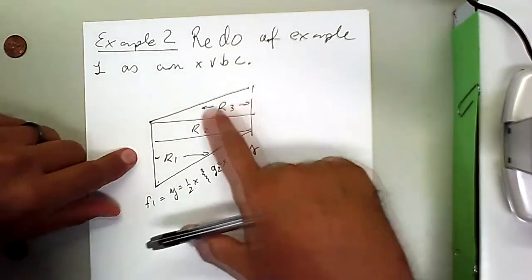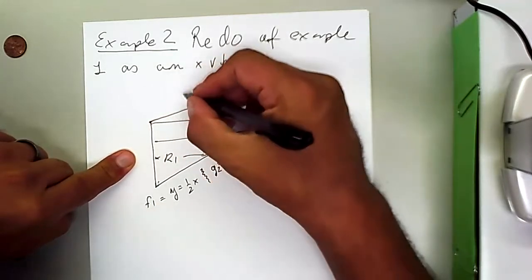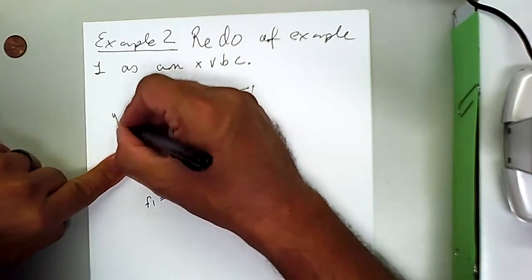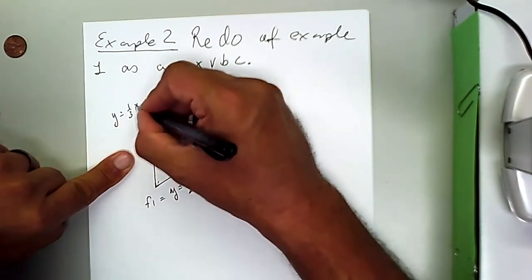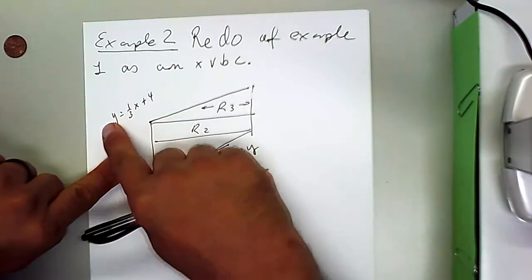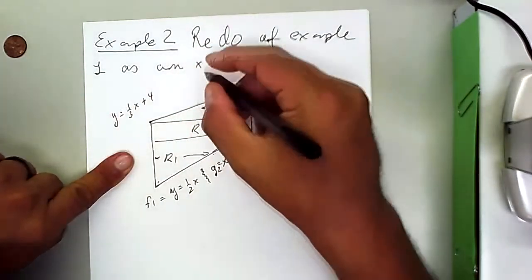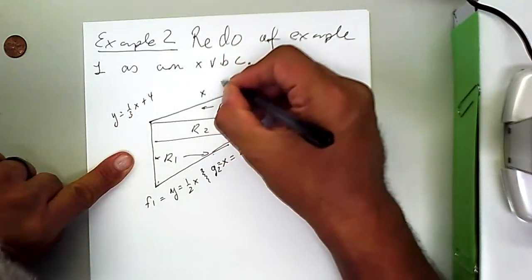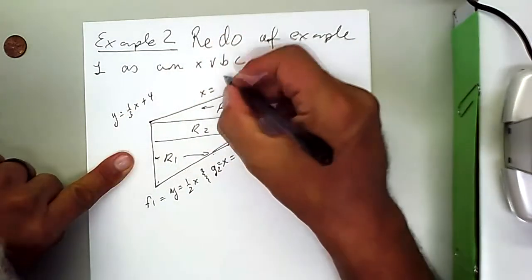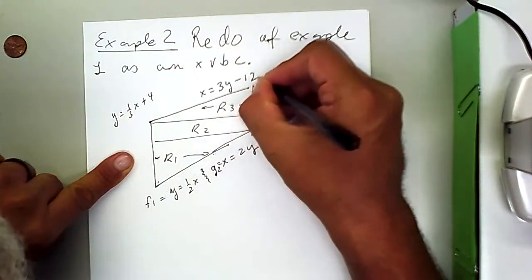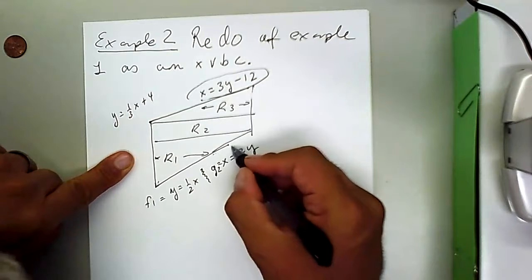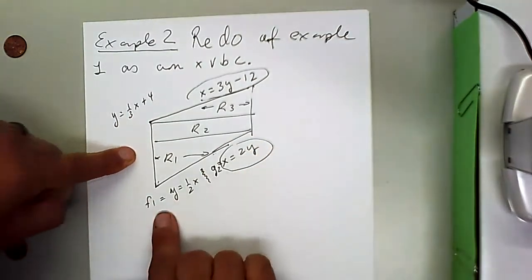Here, we're going to use this boundary, and this boundary was y equals a third x plus 4. We're going to solve this equation for x, multiply by 3, you get 3y equals x plus 12, move the 12 over. So same thing as x being equal to 3y minus 12. So we're going to be using this and this instead of those two.